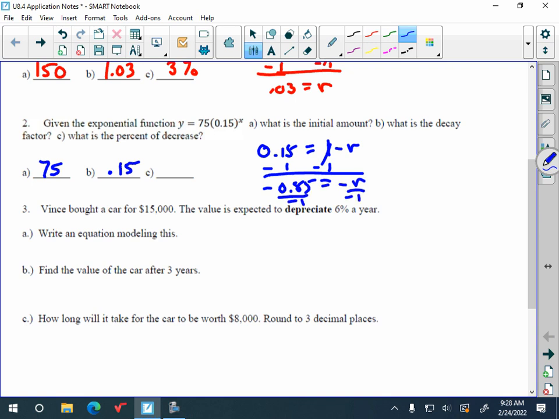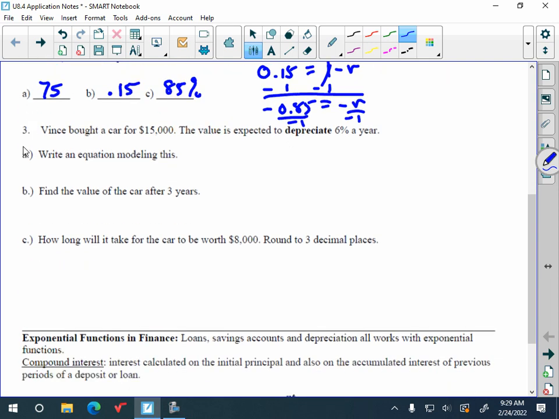So r equals 0.85, and then move the decimal 2 places, so 85%. So it's decreasing at a rate of 85%, but the pattern is to multiply by 0.15. A lot of people on the quiz yesterday, if this was the problem, put 15%. They just moved the decimal 2 places. You have to subtract 1 off there.